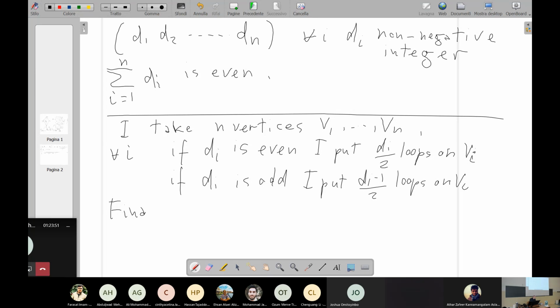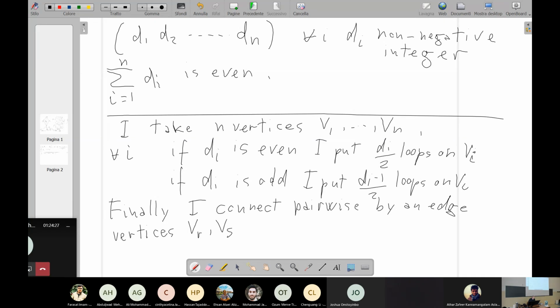Finally, I connect pairwise by an edge the vertices VR, VS for which DR, DS are odd.